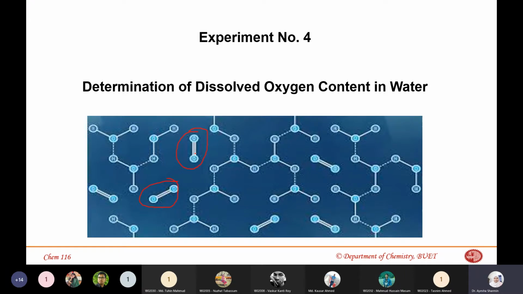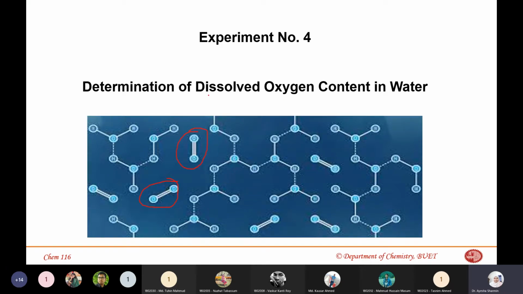They take oxygen for their aerobic redox process to break their food and produce energy. Okay, so all the organisms which depend on oxygen need oxygen, and so the amount of dissolved oxygen is very important to understand the aquatic life form and their healthy environment.